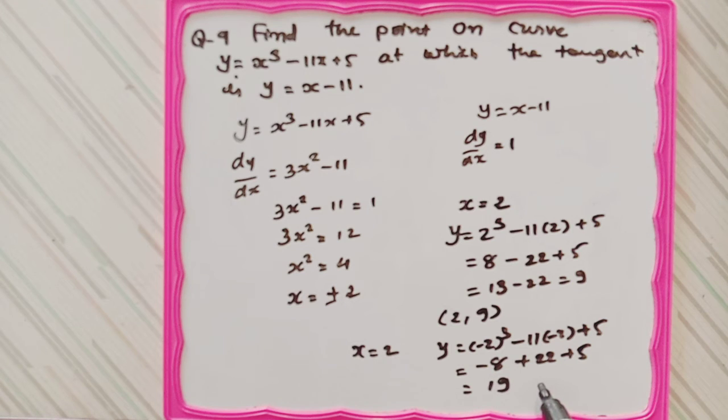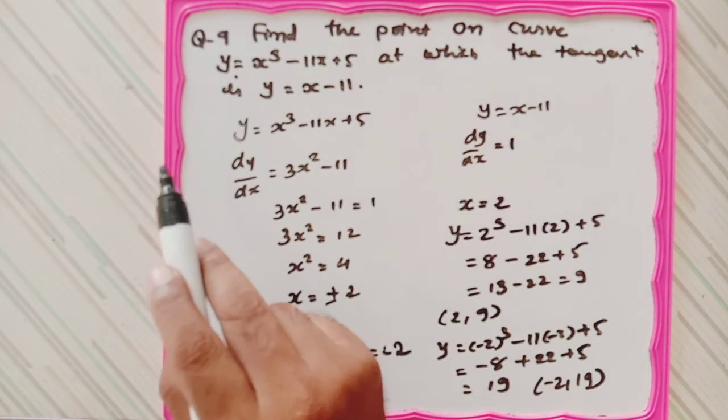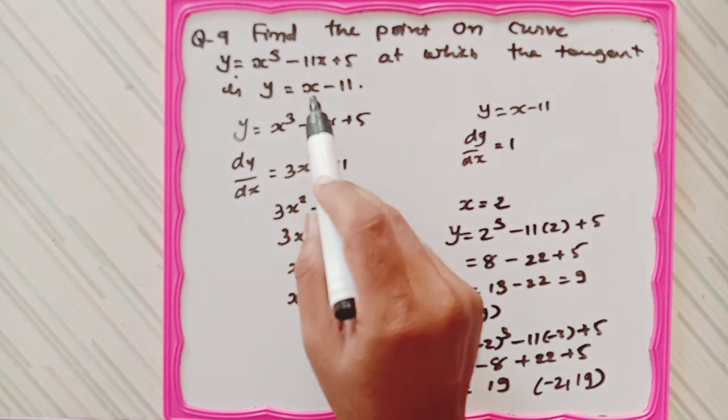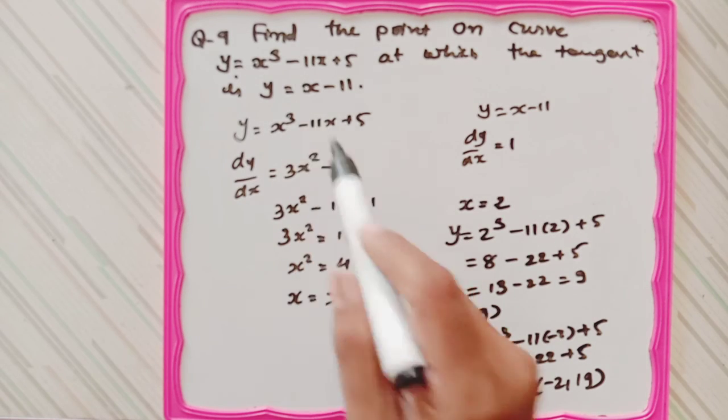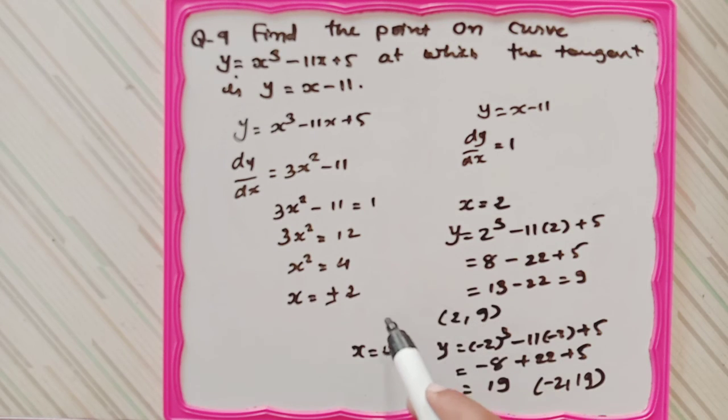And so another point is (minus 2, 19). But (minus 2, 19) is not satisfying the equation y equals x minus 11, and so the point which satisfies both the equations is (x, y) equals (2, minus 9), and so the required point is (2, minus 9).